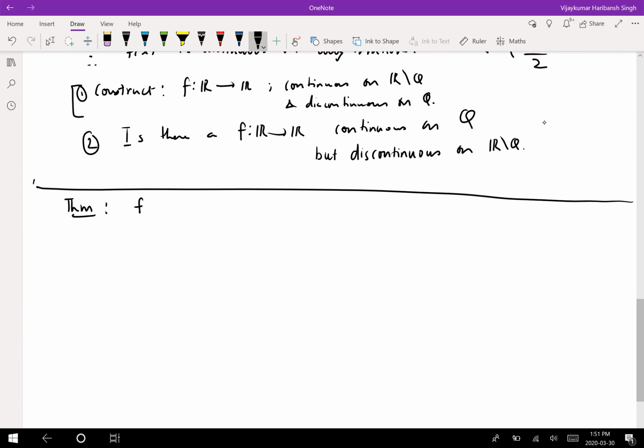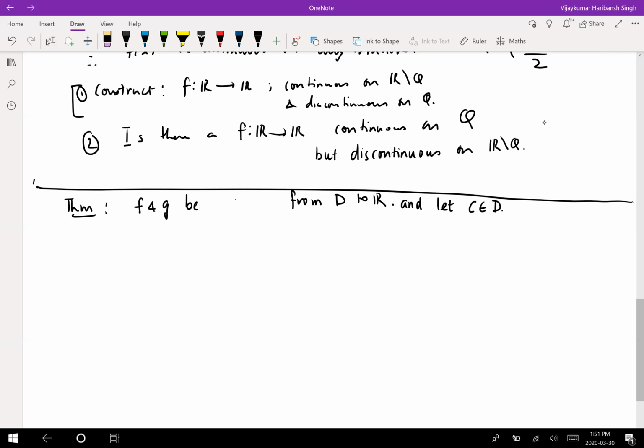So let f and g be continuous from D to R, and let C belong to D. Hold on, I shouldn't write that f and g are continuous from D to R. However, we'll have the extension of definition.